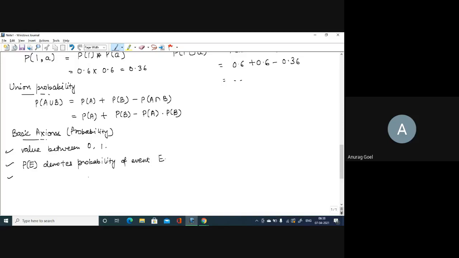Now, when we consider the P of a true event, it is always 1, and P of a false event is always 0. So this is a certain event, and this is an impossible event, not just uncertain, because an uncertain event has some probability, but this is impossible. That's why its probability is 0.